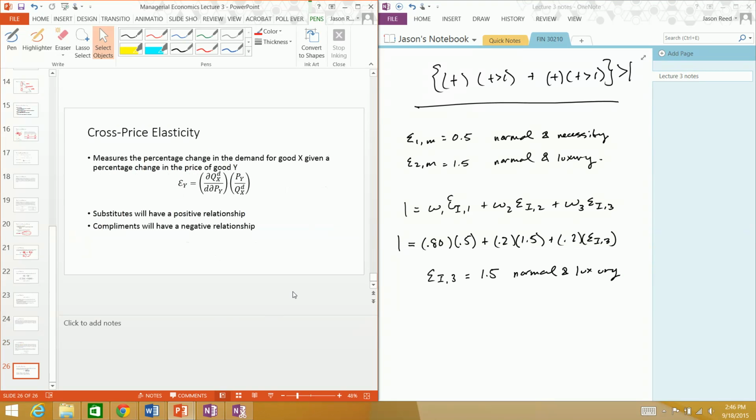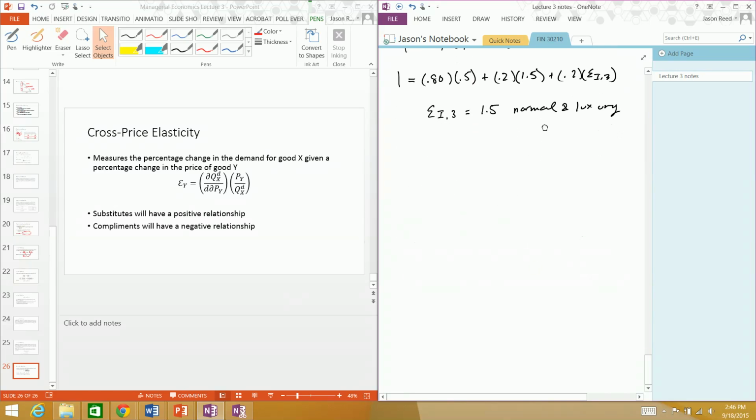And so the last bit that we talked about here in terms of elasticity is this cross-price elasticity.